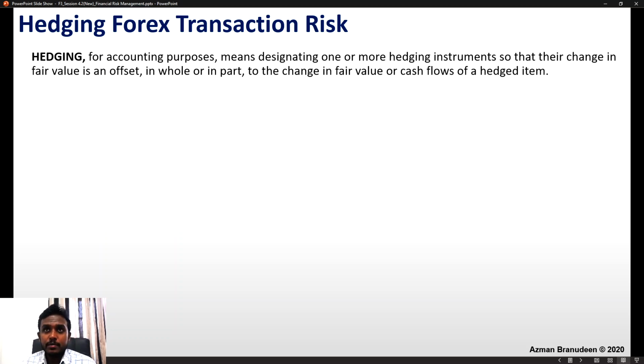Hedging for accounting purposes means designating one or more hedging instruments so that their change in the fair value is an offset in whole or in part to the change in the fair value or cash flows of a hedged item. I know, a little bit technical, but the idea is that we somehow come up with a way to match the risk of the foreign currency movement, to fight against any kind of adverse risk.